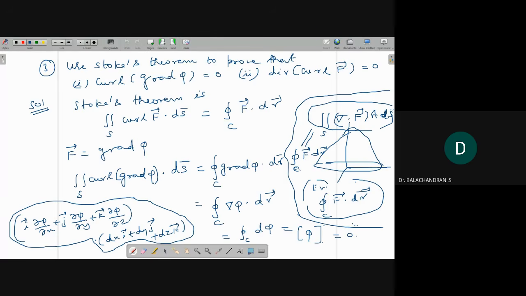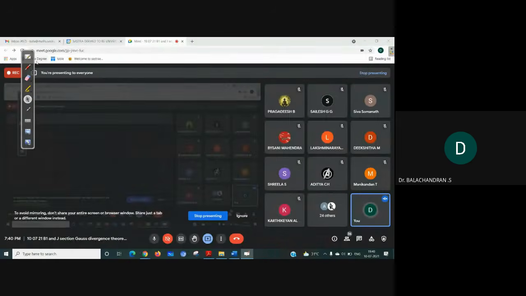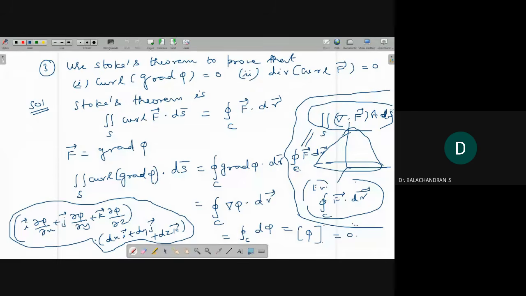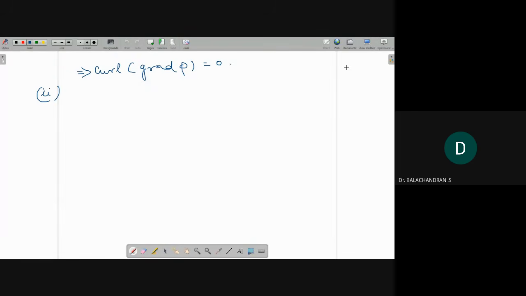You also asked about one problem. What is the problem? Please tell me. I think you asked about assignment problem 5, Stokes theorem. Is it correct? Yes, sir. I know that is a little bit difficult problem, a cylinder cut by a plane.